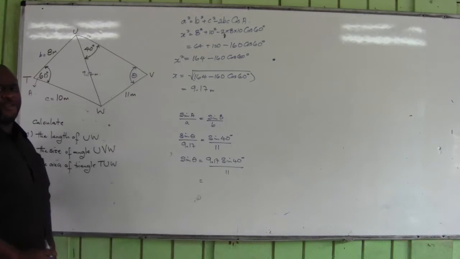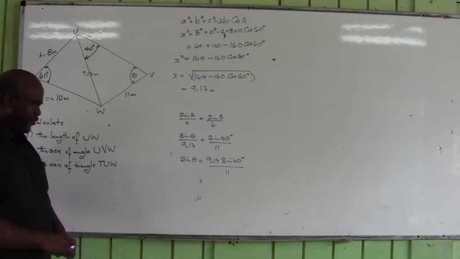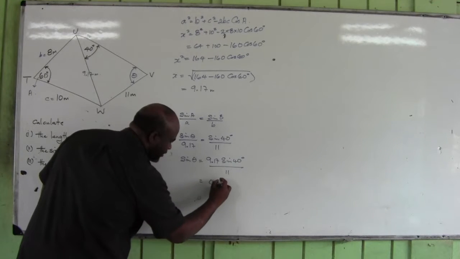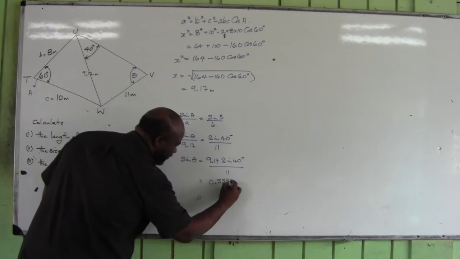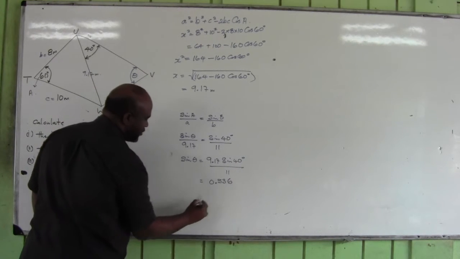Give me an answer to 3 decimal places. 9.17 sine 40 divided by 11. That's 0.53566. Alright, round up to 6.